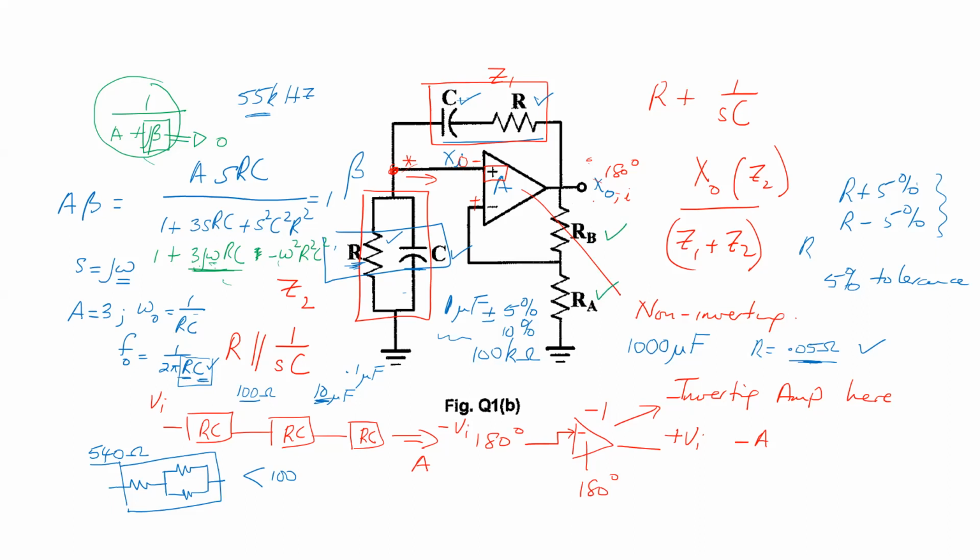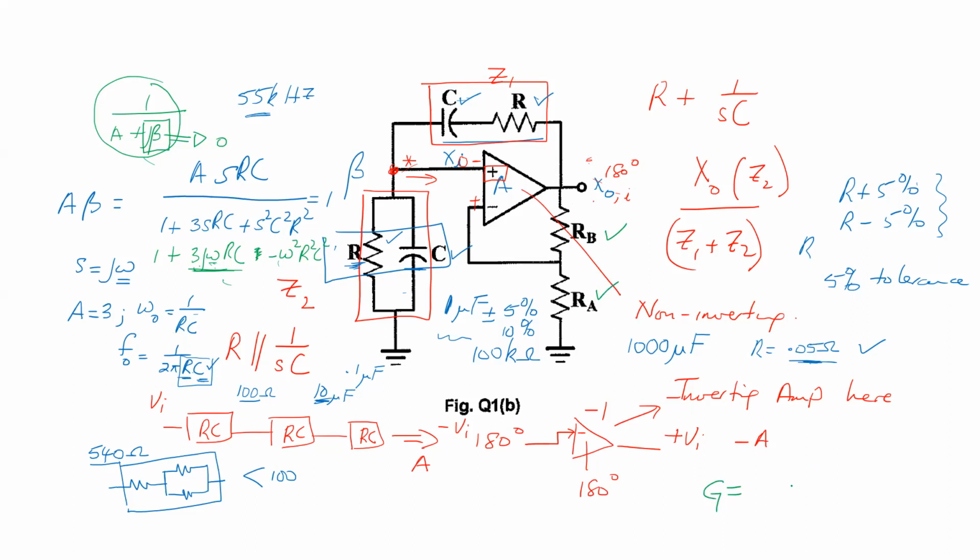And then of course, the gain of the circuit is determined by these two here. It's a non-inverting amplifier. So what's the gain of a non-inverting op-amp amplifier? RB is the feedback and RA is the ground resistor.